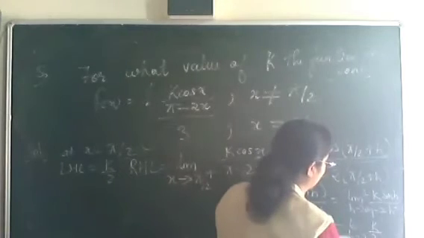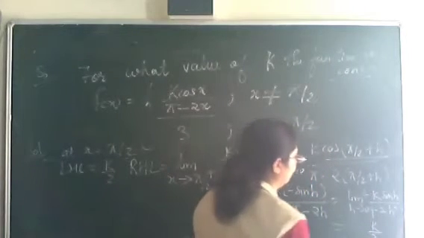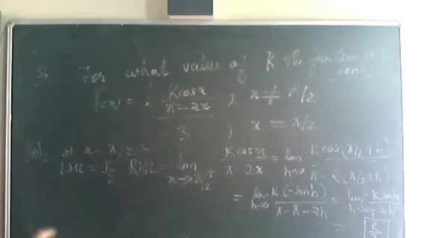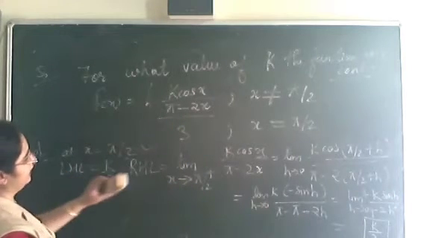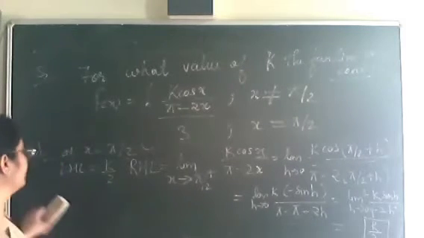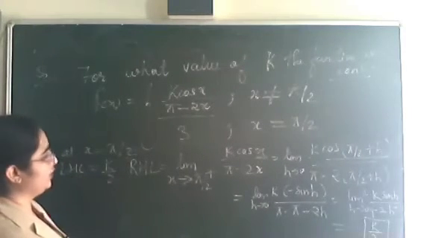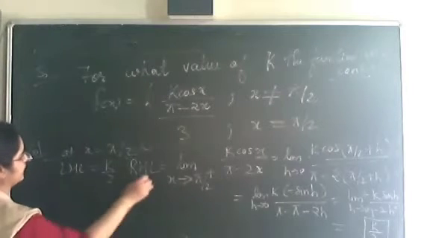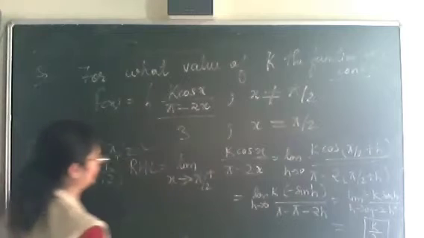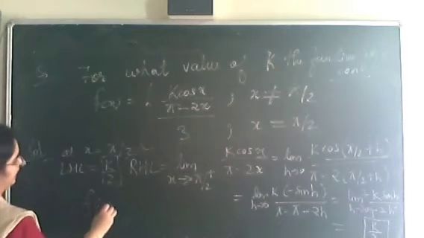Sorry, by putting the value h equal to 0, you will get the right hand limit again as k by 2. So as the function is continuous, if the question is of less marks and you have calculated LHL, then RHL and LHL are the same. LHL is also k by 2, RHL is also k by 2. Now the value of function at pi by 2 is what?